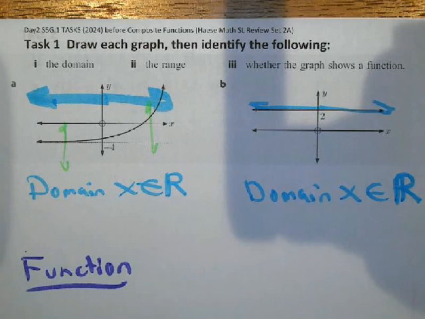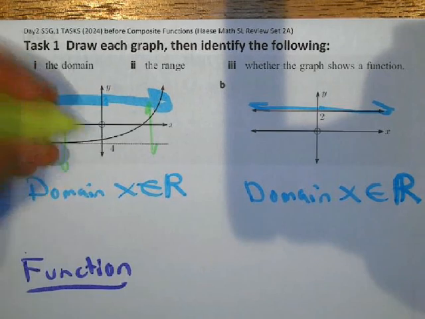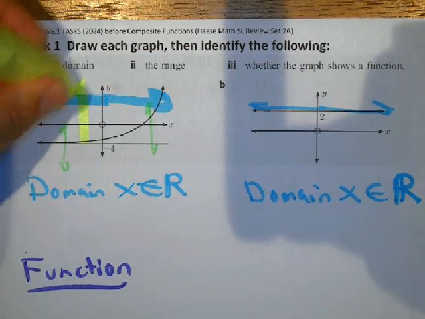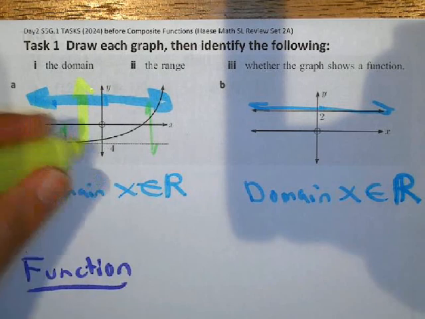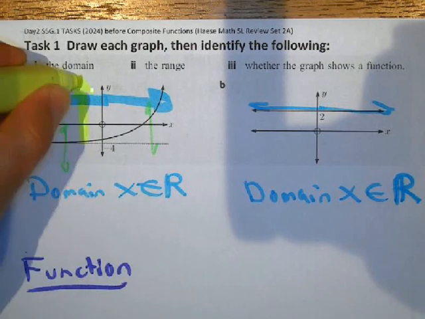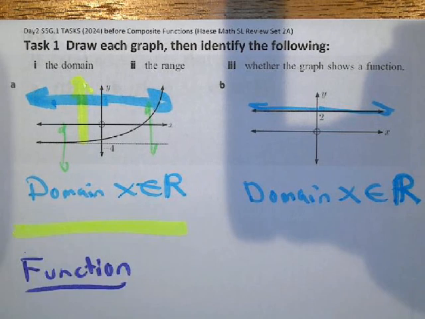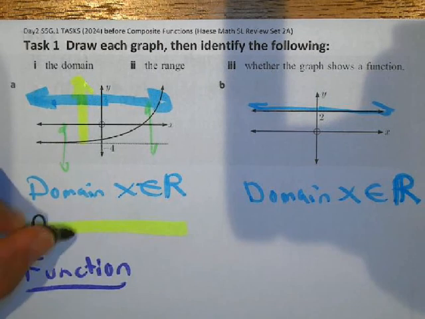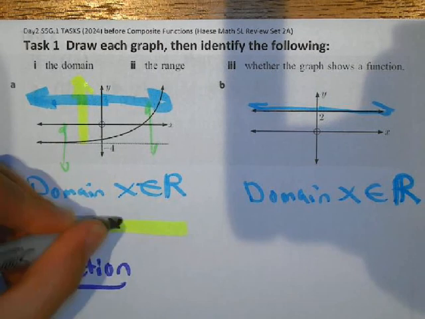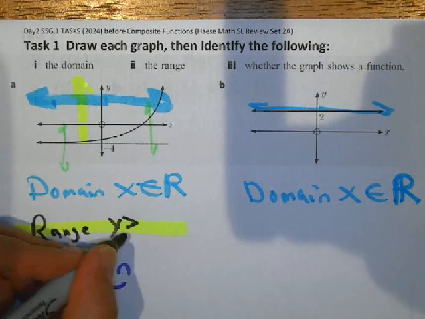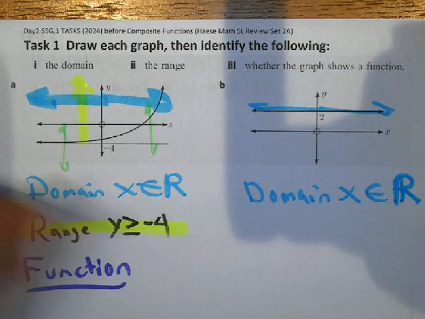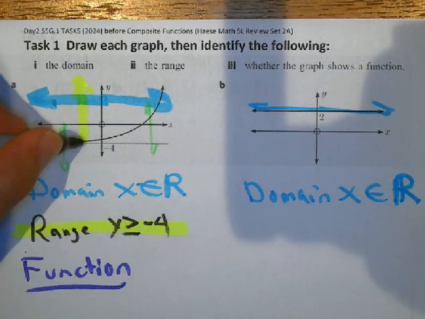Okay, range. Every y value has to be above -4. So my range is y is greater than or equal to -4, because it's always going to be higher than -4.